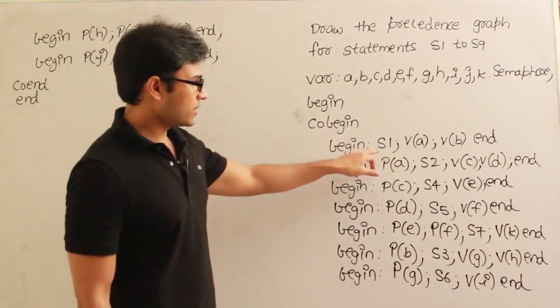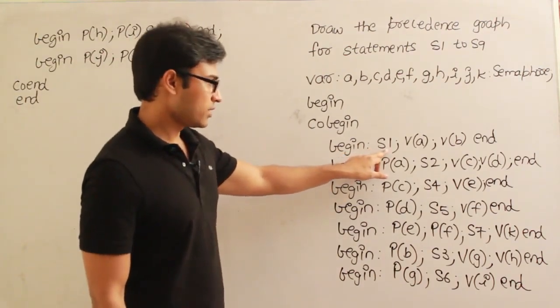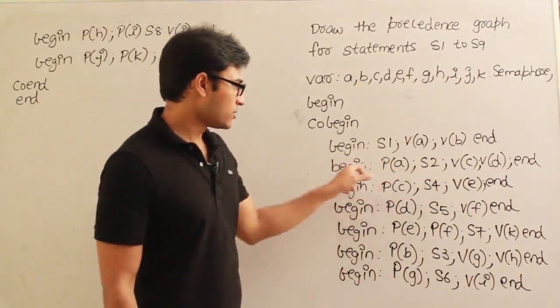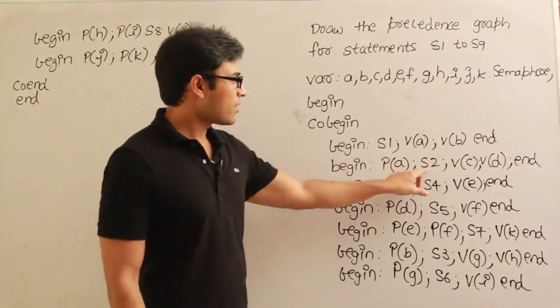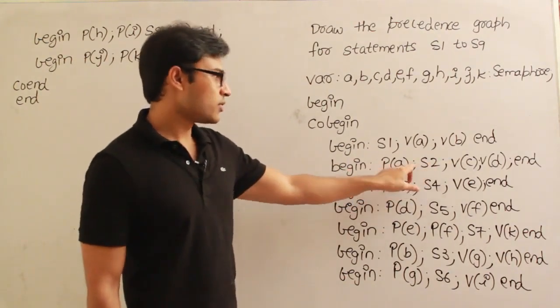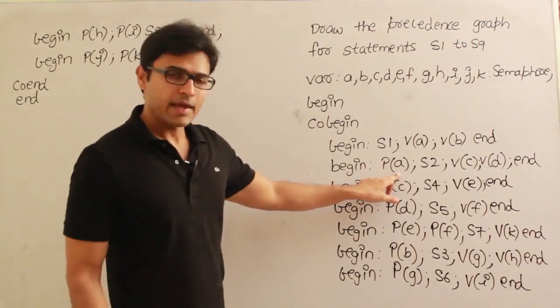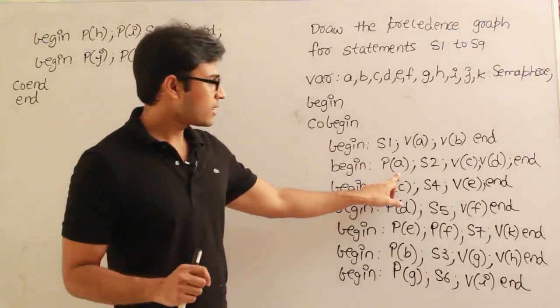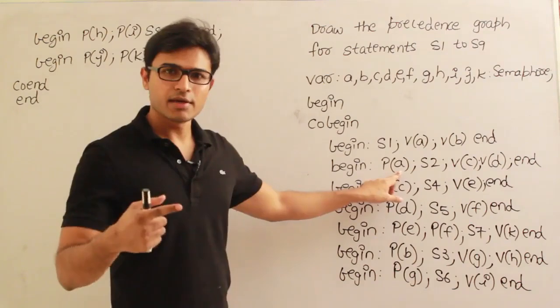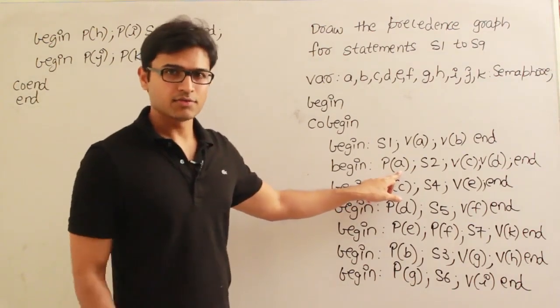So even S1 is free to be executed, but if you want to execute S2, it cannot be executed because it is trying to do down on A, and A is initialized to 0. So unless someone does up on A, you cannot do down on A successfully.